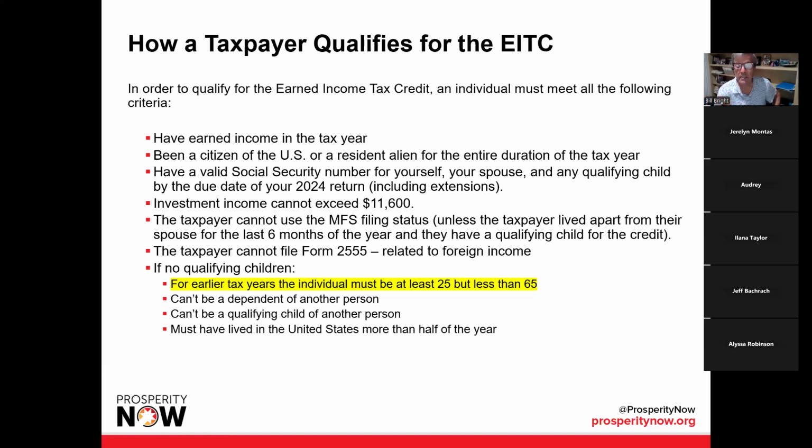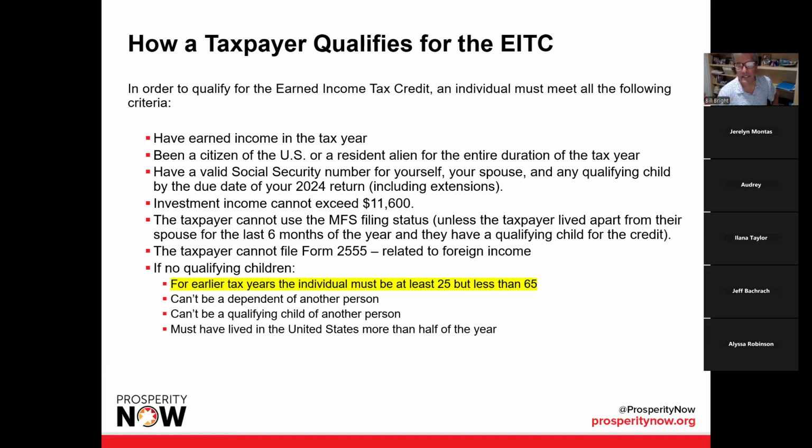The good news is there is an earned income credit in New Jersey. It's 40% of the federal, and the age exclusion does not apply in New Jersey. So if you made enough money to get the $632 for federal, you're going to get 40% of that for New Jersey.